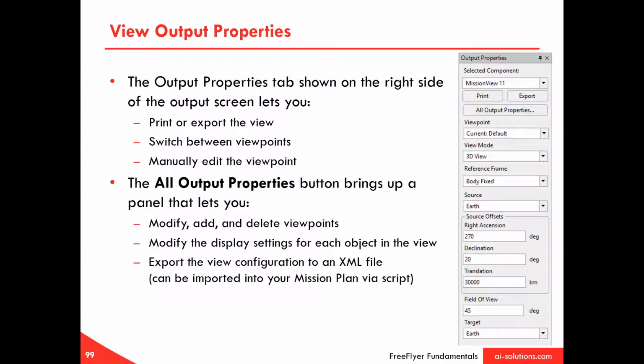If you click on the All Output Properties button, you get another panel that lets you modify, add, and delete viewpoints from the view window that you're editing. You can modify the display settings for all the objects in the view, and you can also capture the view configuration and export it as an XML file. If you want to reuse those exact same view configuration settings later on, you can import that XML file back into a mission plan through FreeFlyer script.